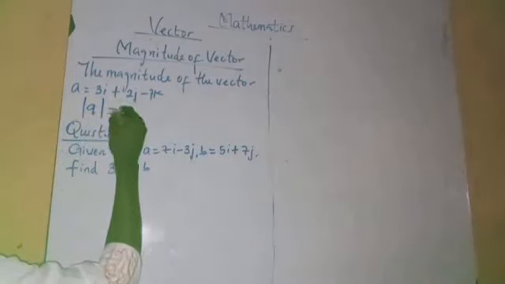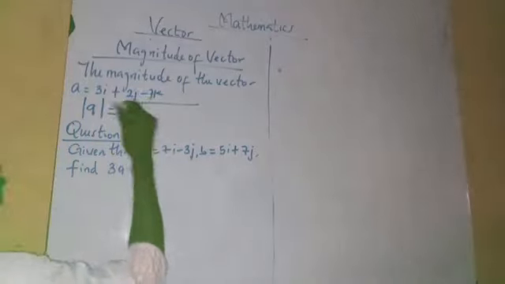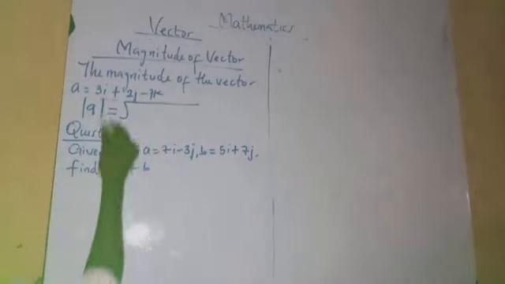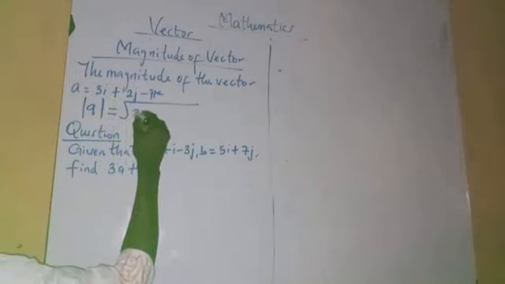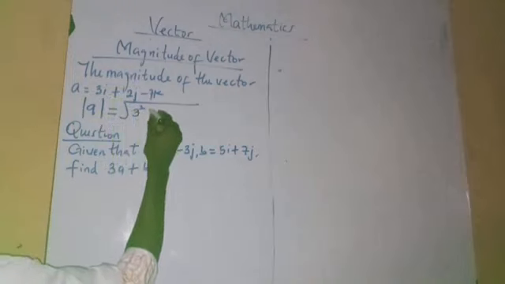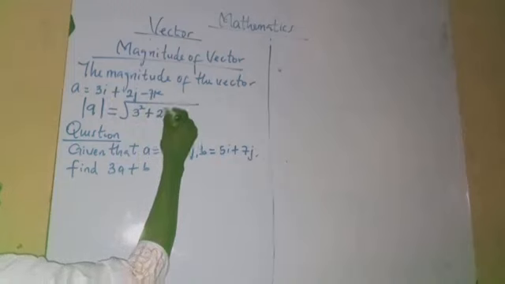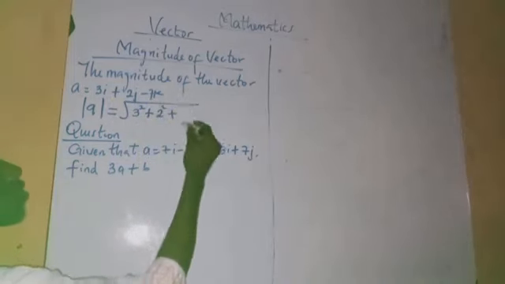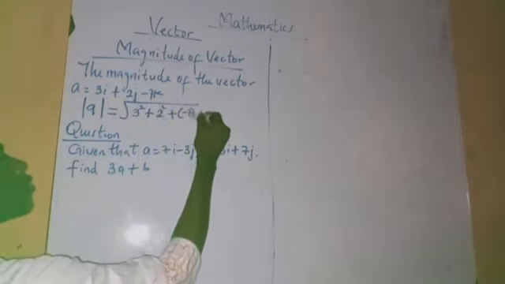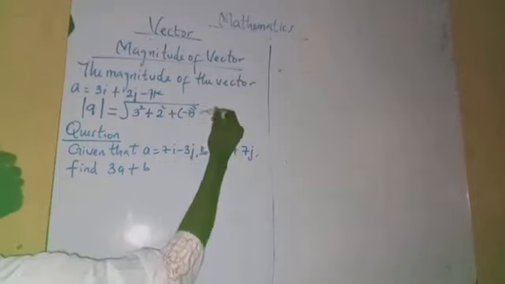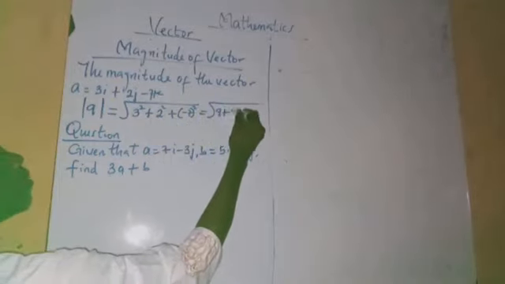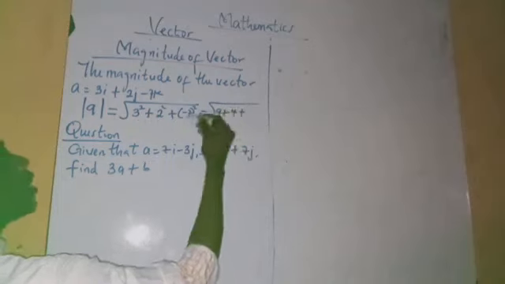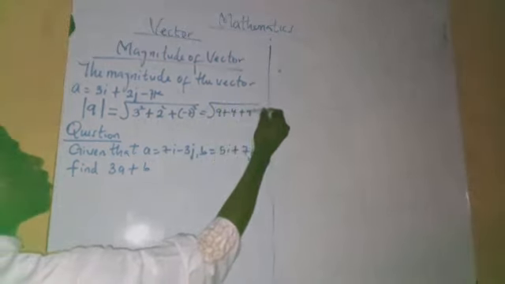So you say it equals the square root of each component. You have 3 as the first one, so you square it, then plus the second one, 2, squared, then plus the third one, minus 7, so minus 7 squared. So we have the square root of 3 squared is 9, plus 4, plus minus 7 squared is 49.